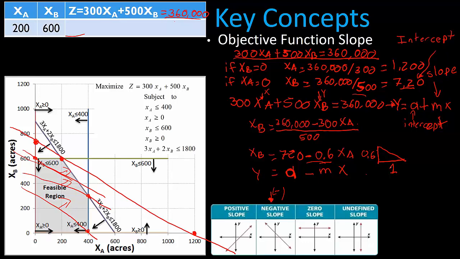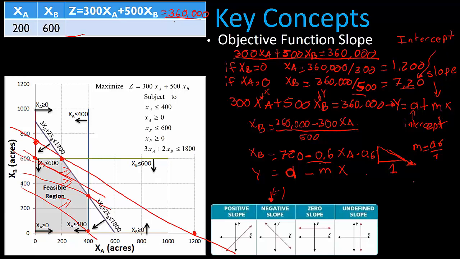So remember that is rise over run. So 0.6 over 1, that will be the slope, M, 0.6 over 1. Remember the rise over the run. In this case it is negative, so that's how we know that it's going in this direction.